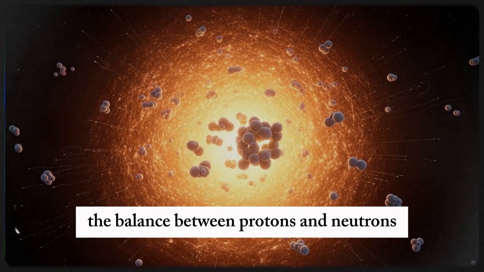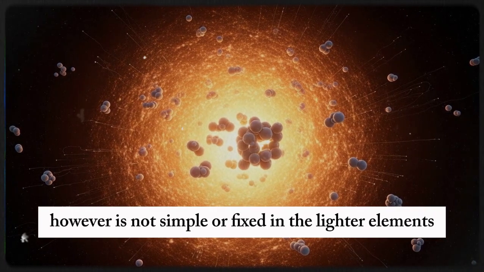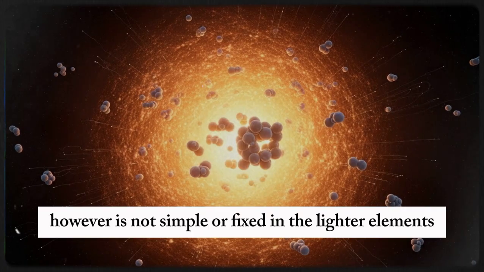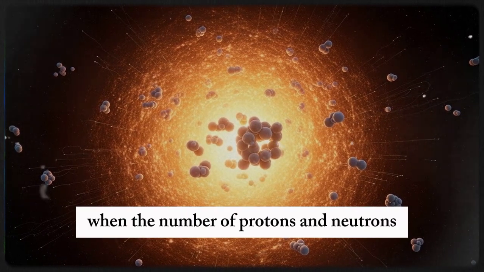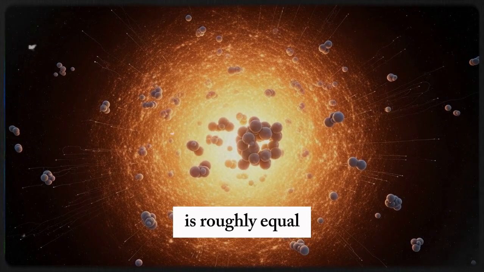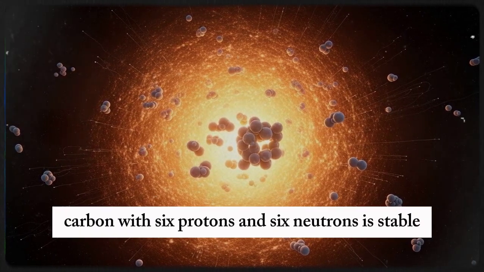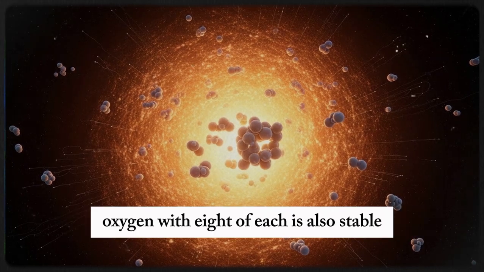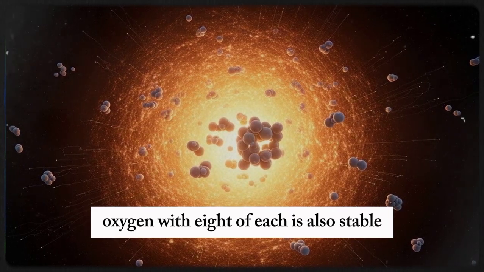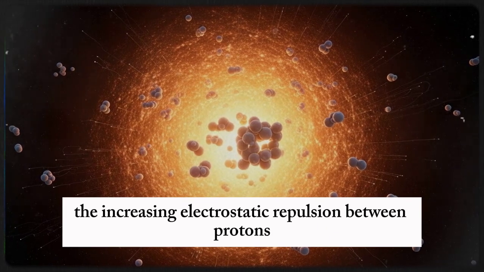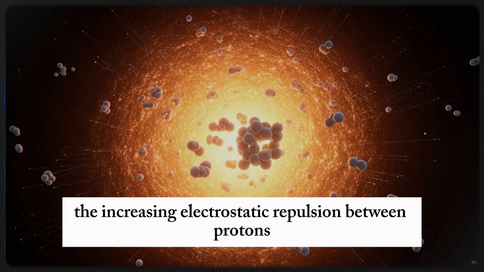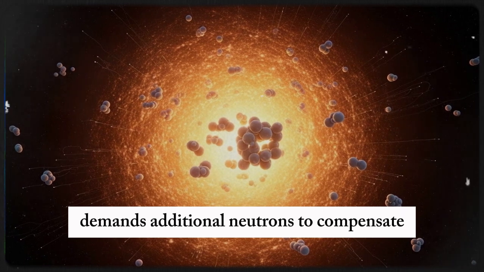The balance between protons and neutrons, however, is not simple or fixed. In the lighter elements, stability is often achieved when the number of protons and neutrons is roughly equal. Carbon with 6 protons and 6 neutrons is stable. Oxygen with 8 of each is also stable. But as nuclei become larger and heavier, the increasing electrostatic repulsion between protons demands additional neutrons to compensate.